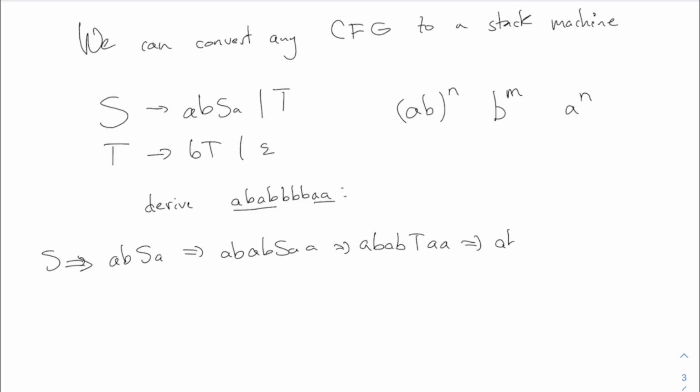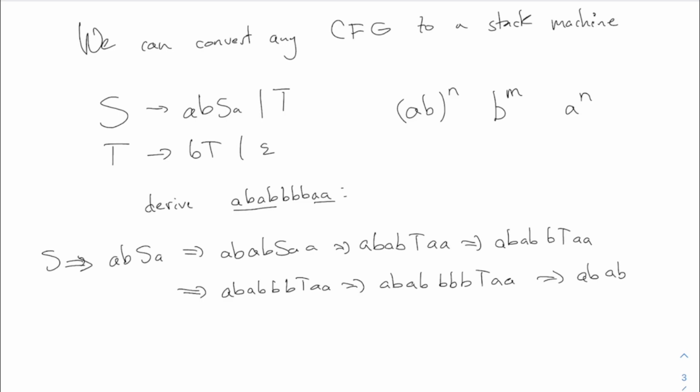So this is A, B, BT, A. That was once. A, B, BT, A. That was twice. And then one more. A, B, T, A. And then finally T goes to epsilon. A, B, A. And that's what I want.